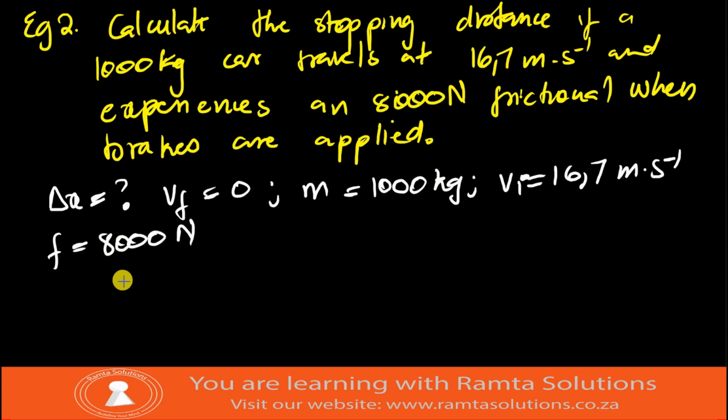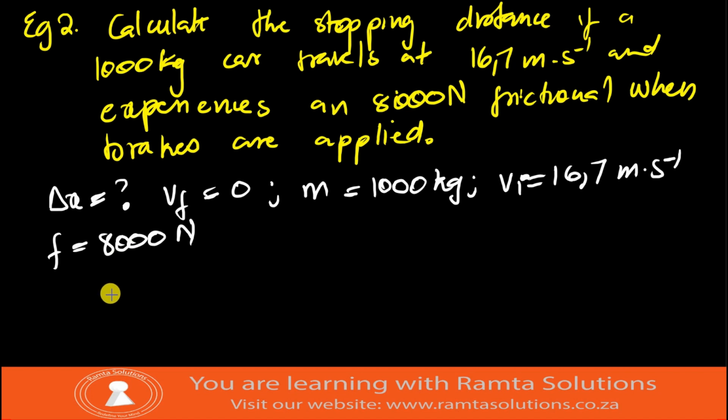So now we must ask ourselves a question. What other forces are given? Do we have any other forces given? And is it important to consider any other force? I do not think so. So it's okay. The only force that's playing a role here is the force of friction.